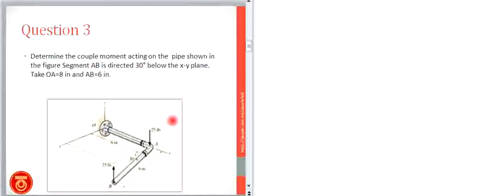So we have 25 pound here. Okay, so for the 3D couple moment, the equation is R cross F. So you need to know what is the R in vector form and also F in vector form.